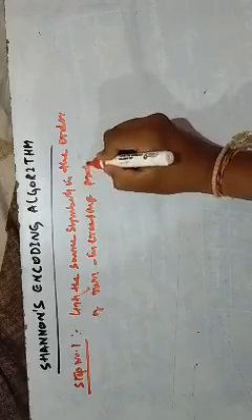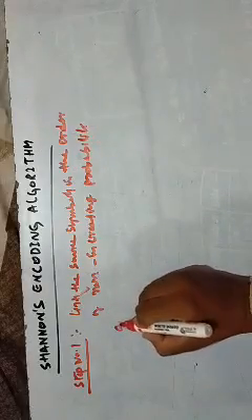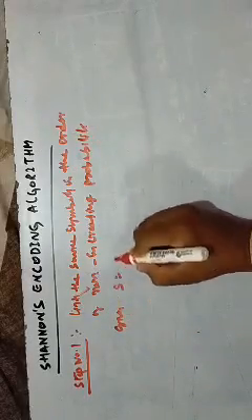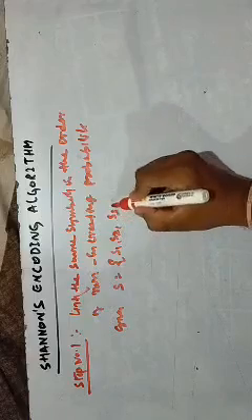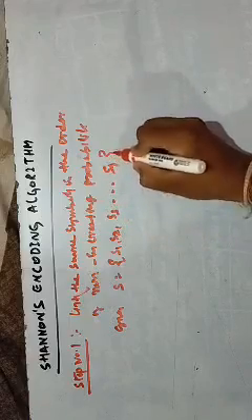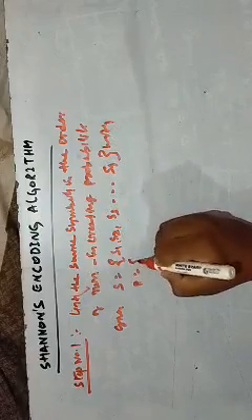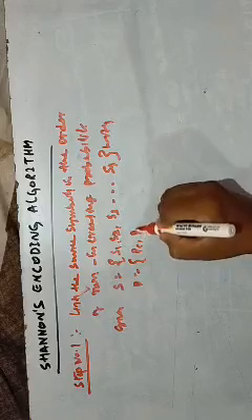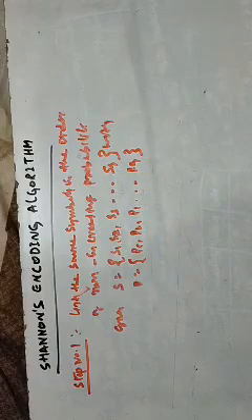Say the source S is equal to S1, S2, S3 and so on up to SQ symbols with probabilities P equal to P1, P2, P3, and so on up to PQ respectively.